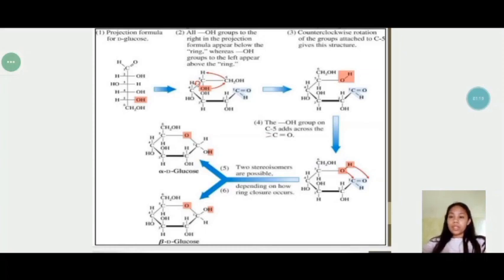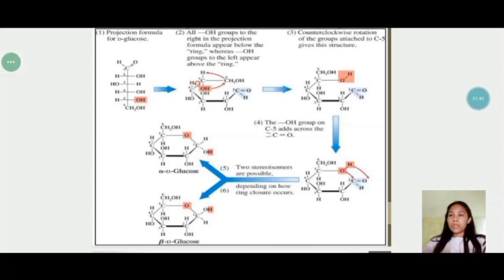So here we have the Haworth formula, and all OH groups to the right in the Fischer projection appear below the ring. So ang OH group nga makita nato diri sa right, there in the Fischer projection will appear below the ring, and all OH groups to the left appear above the ring.